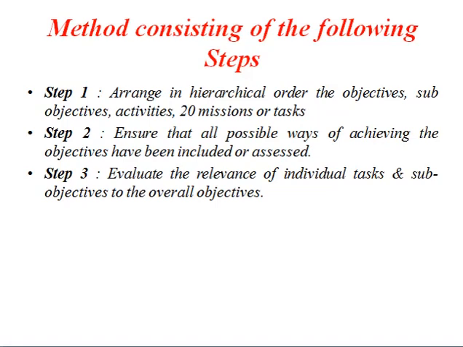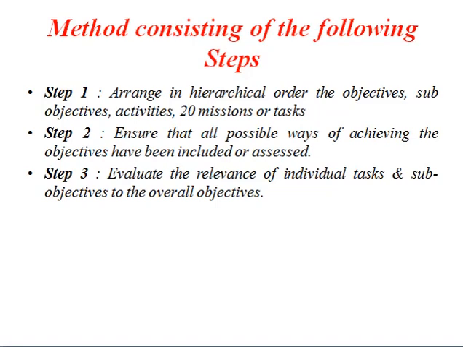After step 1, you need to consider the second step, where you need to ensure that all possible ways of achieving the objectives have been included or assessed. In the second stage, you again consider the possible ways of achieving the objectives, and whatever way or step you have taken is noted in stage 2.